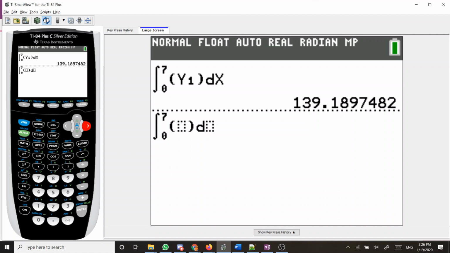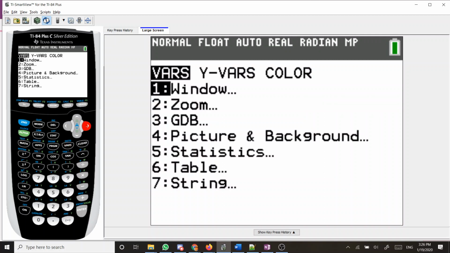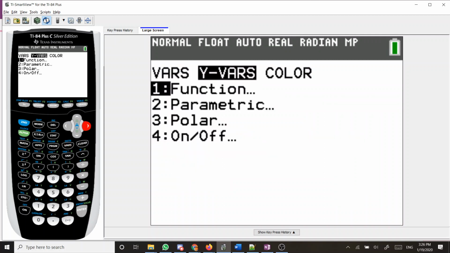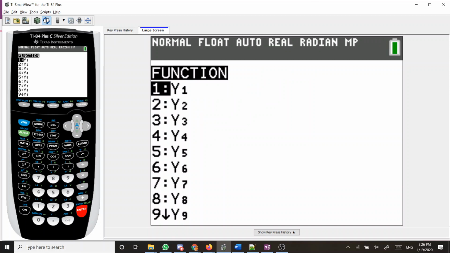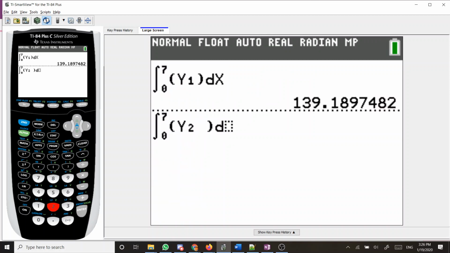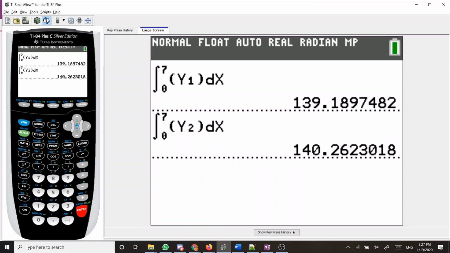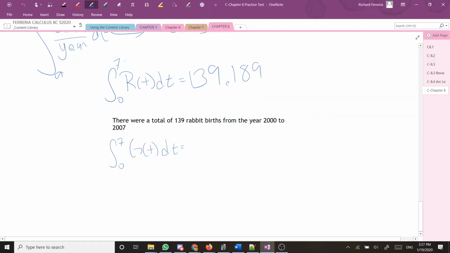Y2 can be found under vars, y vars, function, y2. That's if you don't have the soft menus. dx, 140.262.